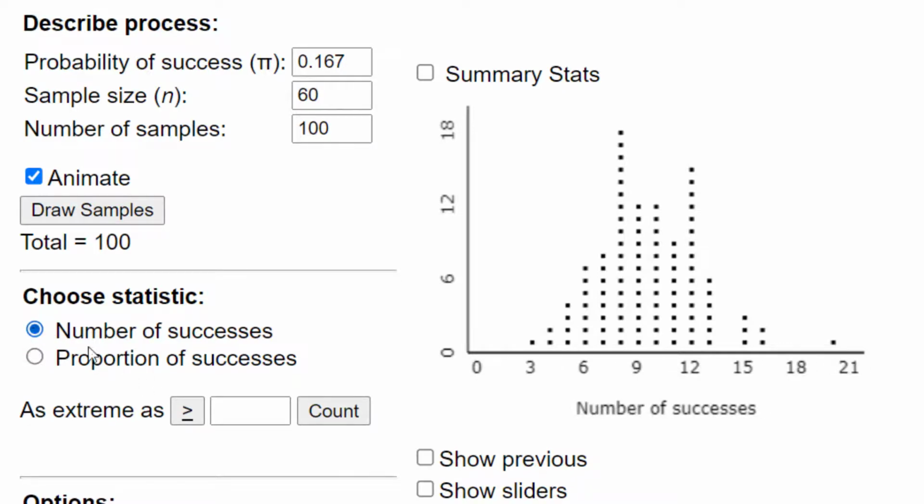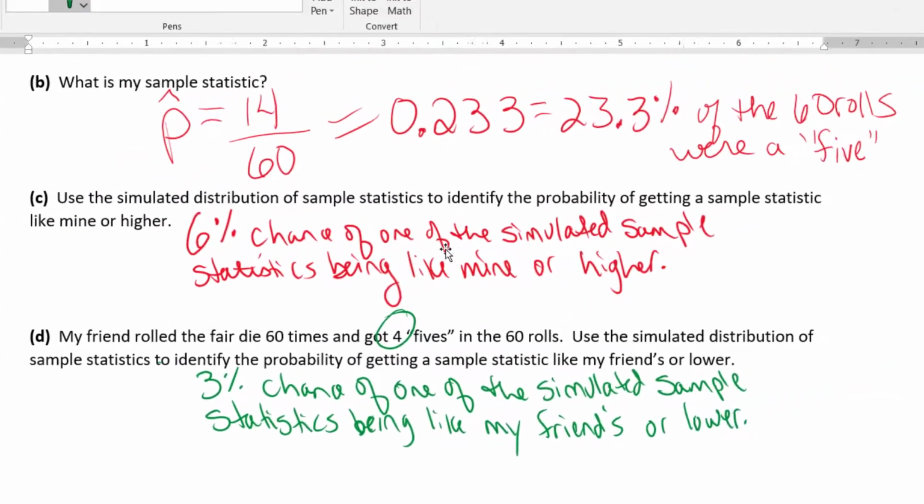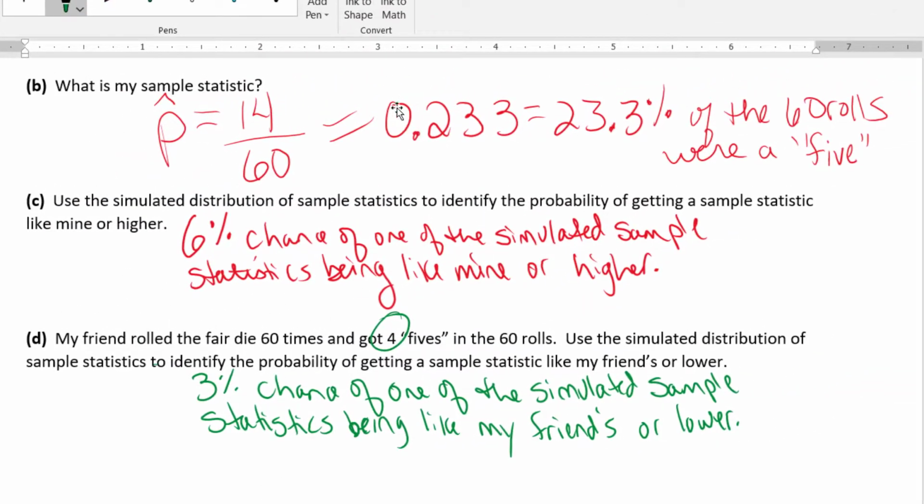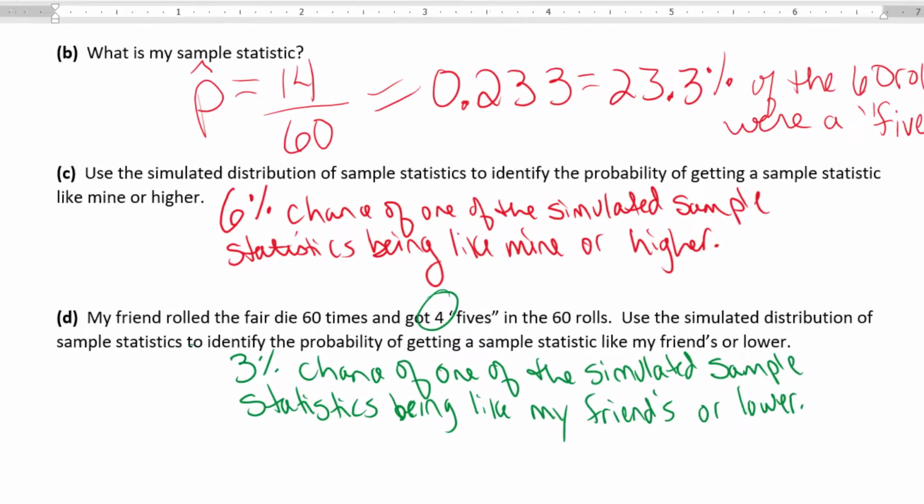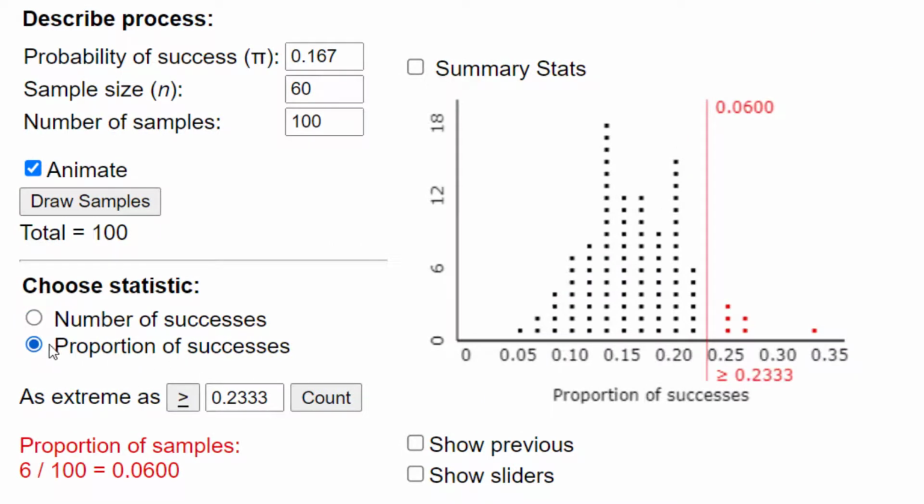If I want to put in 14 to represent 14 successes out of 60, I need to be on number of successes. If I choose instead to put in the proportion 0.233, then I would switch to proportion, and you see you need to put it in that way. Back to number of successes, you need to enter 14. At proportion of successes, you need to enter 0.233.